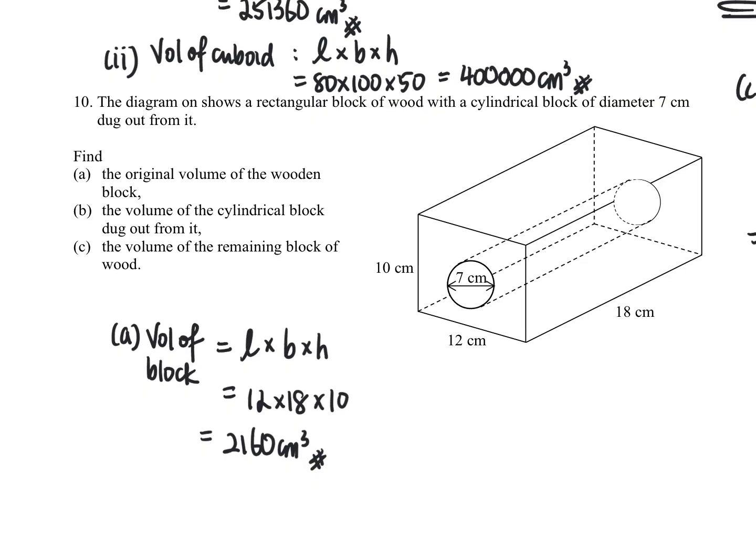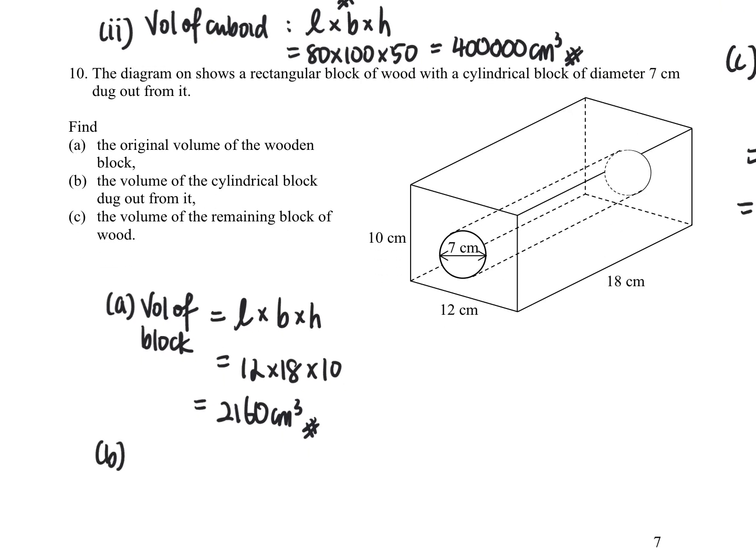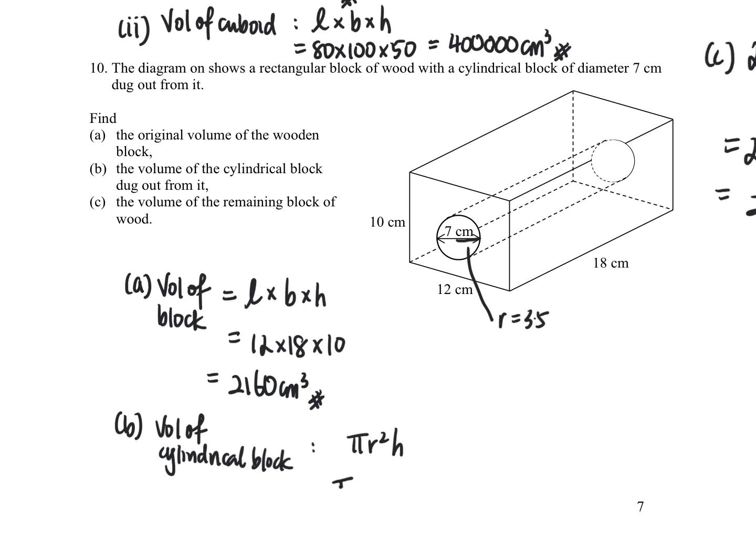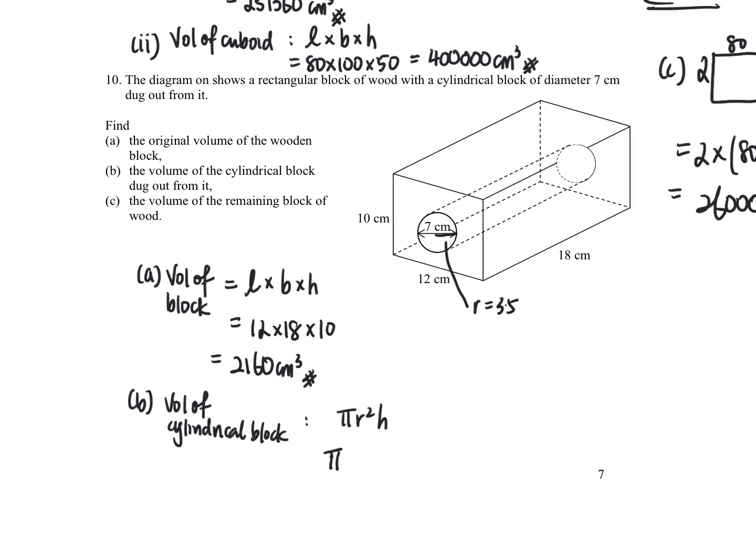Okay, second. What is the volume of the cylindrical block that is being drilled out? So pi r square h. My radius here is 3.5. So I put in my pi. Did they give me a pi to sub in? They didn't, right?